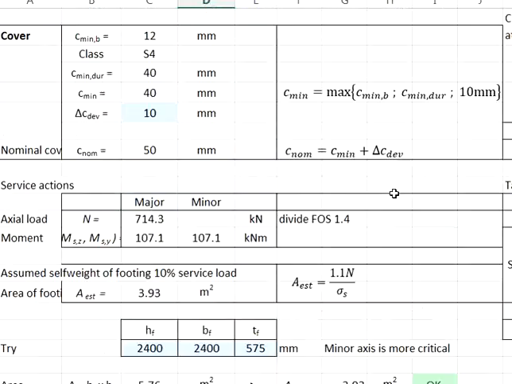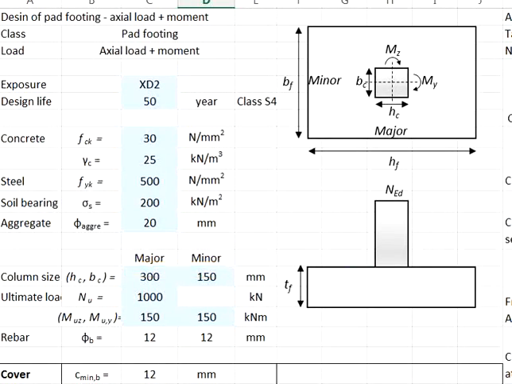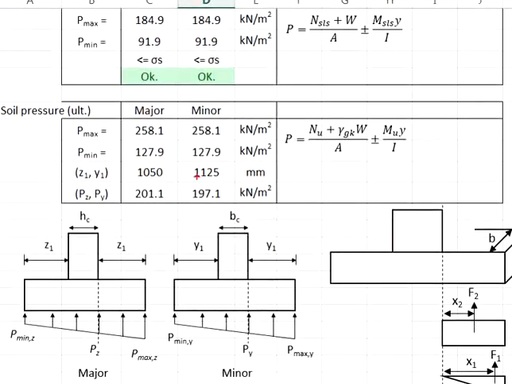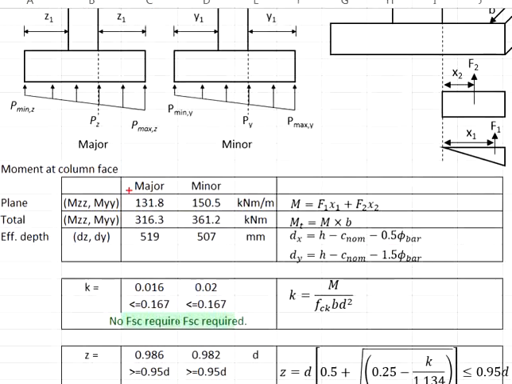Also, the minor axis has a smaller column width, resulting in a greater Y1 distance as compared to the Z1. When this distance is longer, more stress will be engaged in generating the moment at the column face.